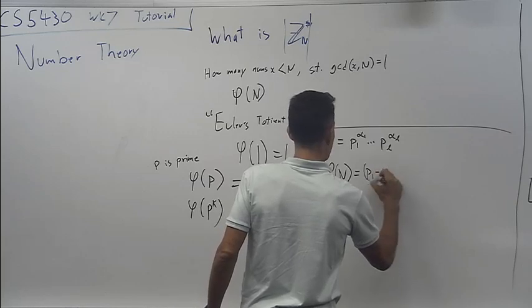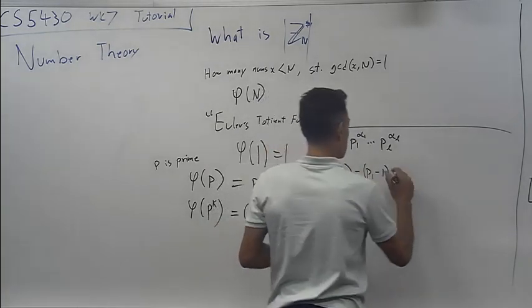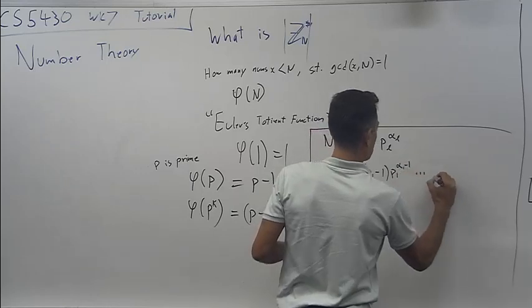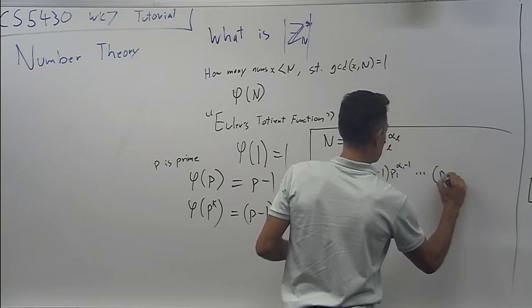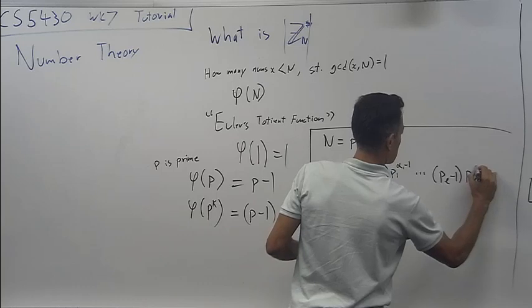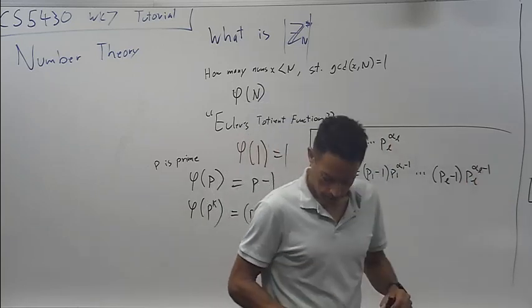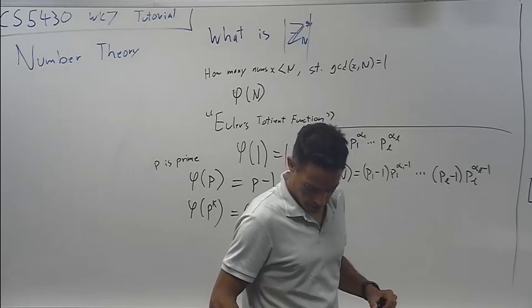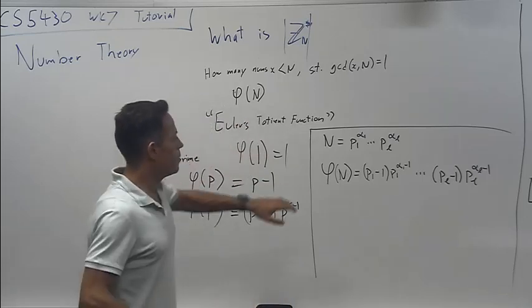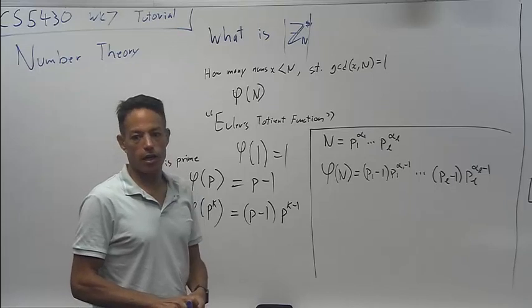So if you know the factorization of n, then you can figure out the size of Zn star.